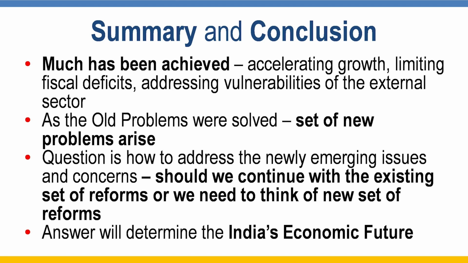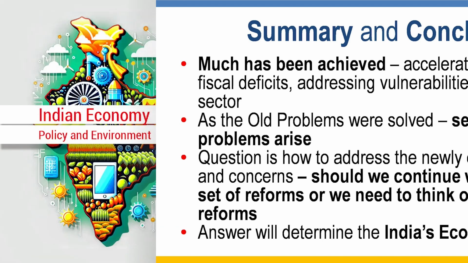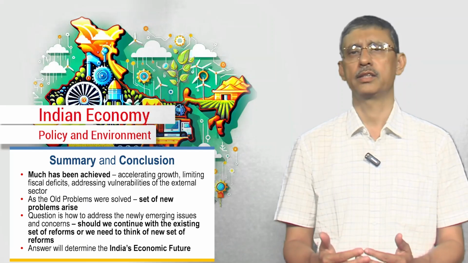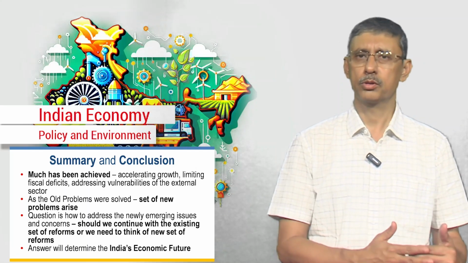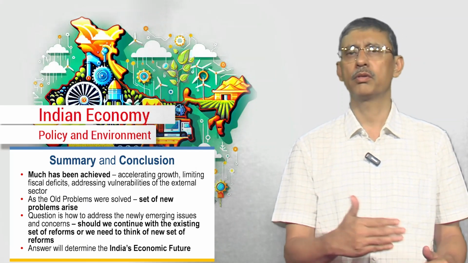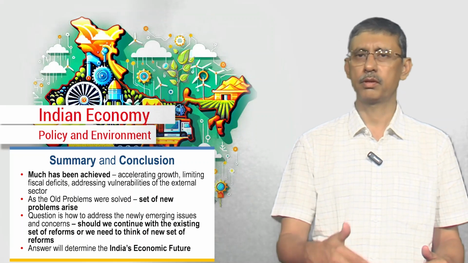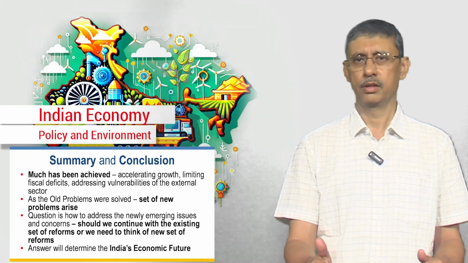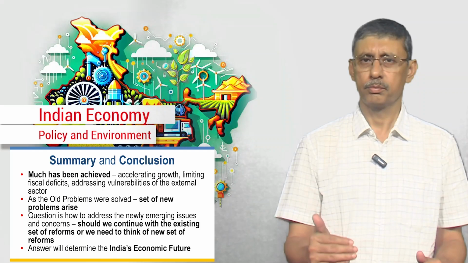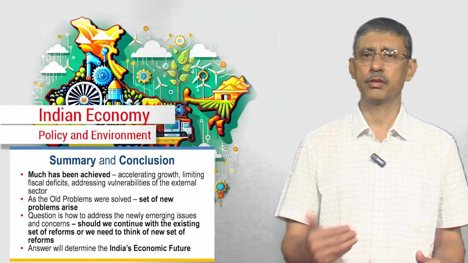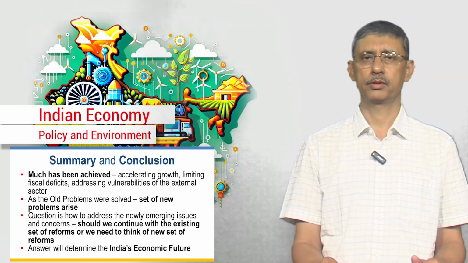But as we have tried to solve the old set of problems, a new set of problems arise. We have solved the problem of growth, the problem of inequality has arrived, the problem of unemployment has arrived. So therefore, solving the old problems has generated a new set of problems.